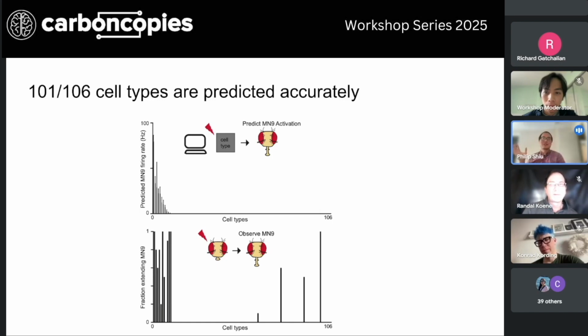Would this be applicable, for example, to mammalian brains, or how far can we push it? I think that's a fantastic question, and I agree that in general it seems like it will be harder, given differences in the way connectivity is structured. The fly brain is fairly different and allows us to generate these predictions.